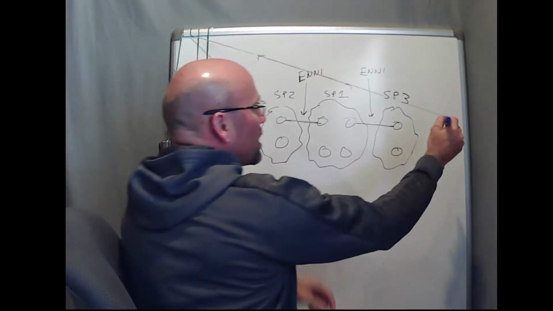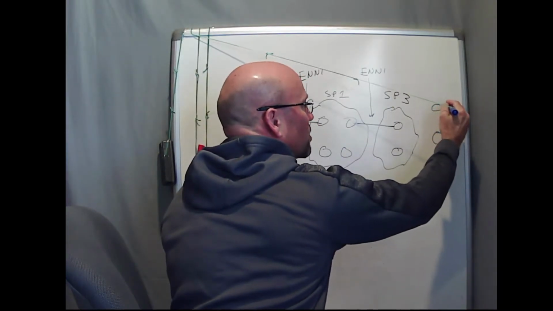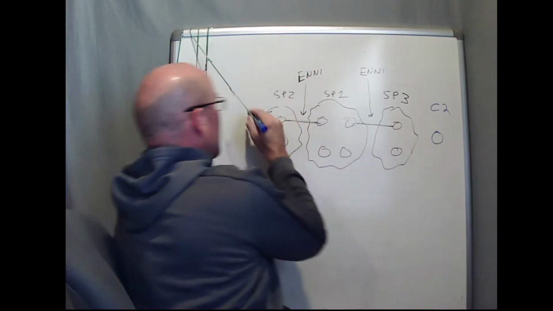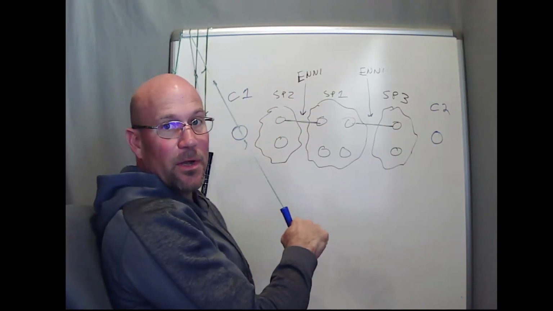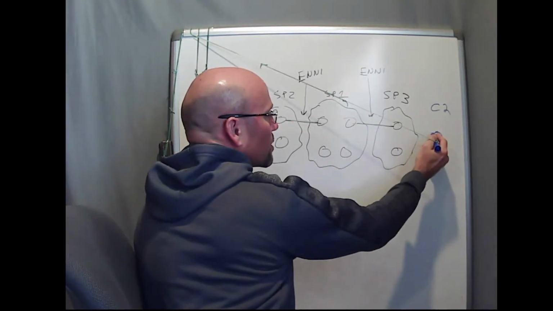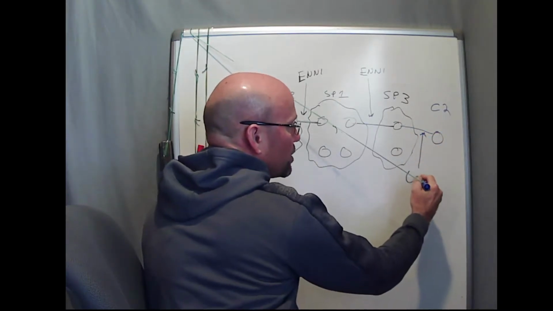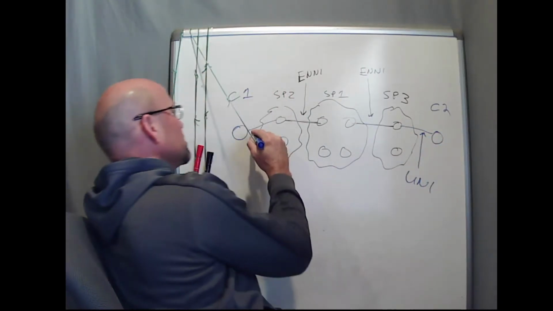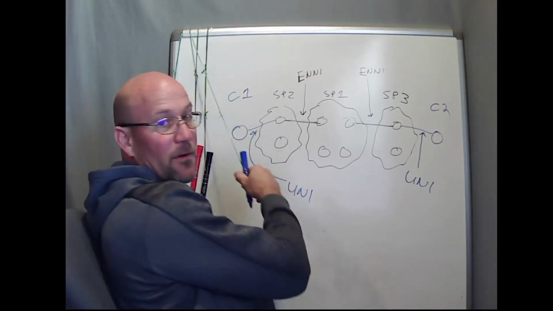But it's all because there's a customer over here. Let's say customer site 2, and let's say customer site 1. Okay, and so when the customer connects to a service provider, that connection is called a user to network interface. That's a UNI connection. All right.